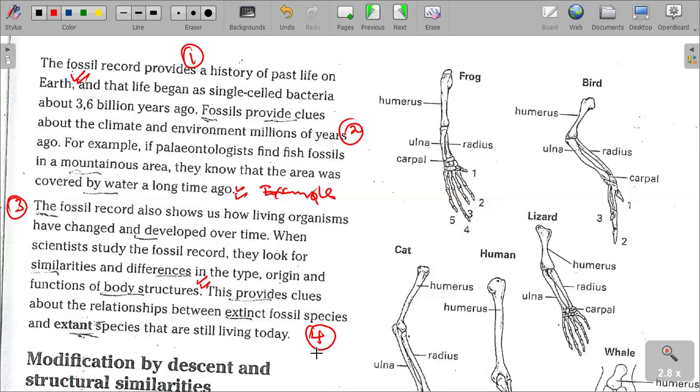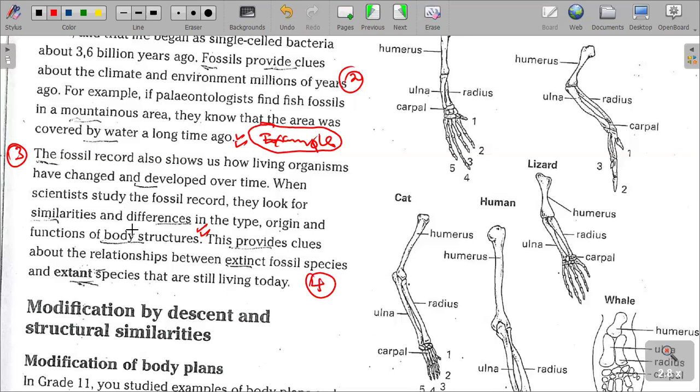But anyway, having said that, we also need to understand the limitations of the fossil record. How does it comprehensively explain evolution? It might not give us enough information. Why do I say that?